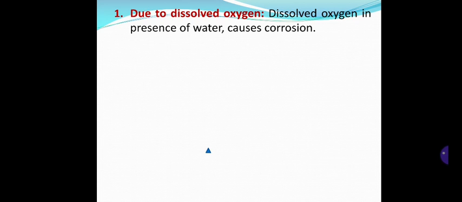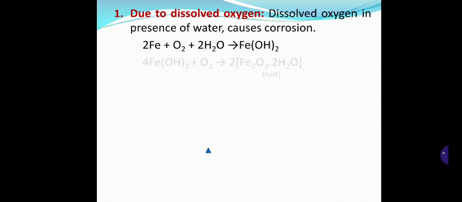The high temperature and pressure prevailing in the boiler facilitate the attack of oxygen on the boiler metal, that is iron or steel. Here the iron reacts with oxygen in the presence of water to produce ferrous hydroxide, and the ferrous hydroxide further reacts with excess oxygen to produce a rust product.